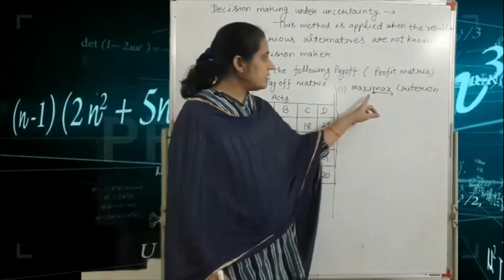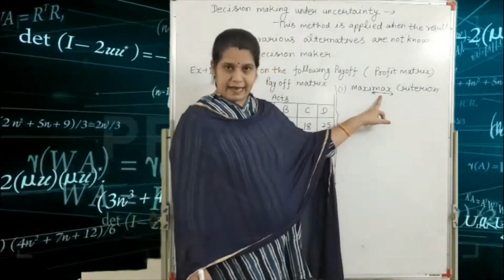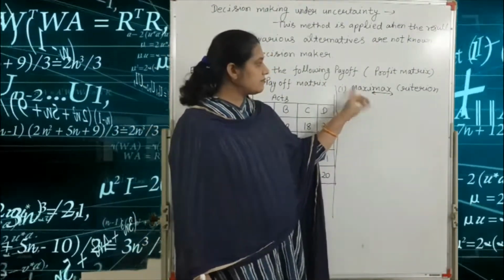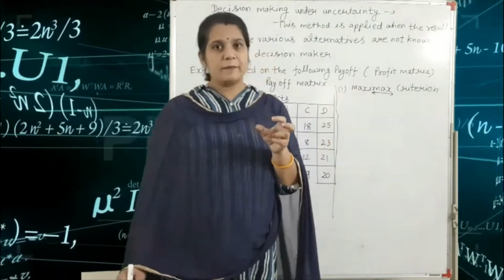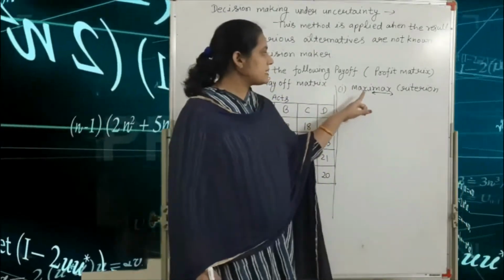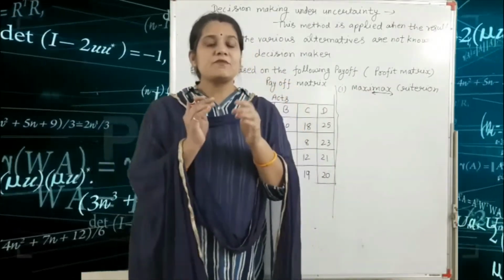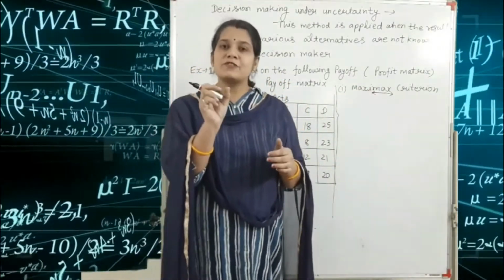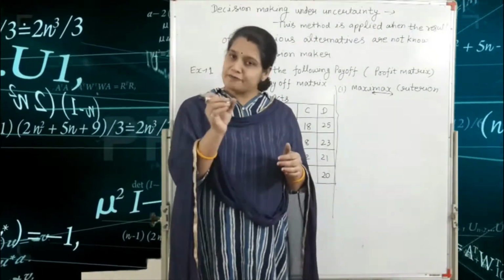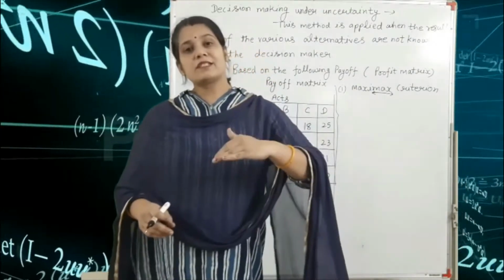For example, in the maximin criterion, we first find the minimum on the back side, and after that we maximize.